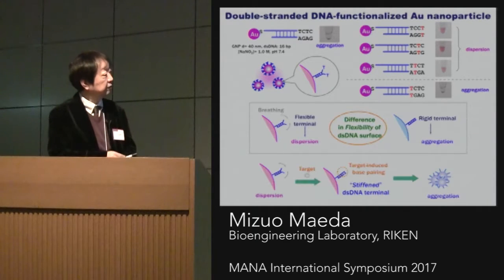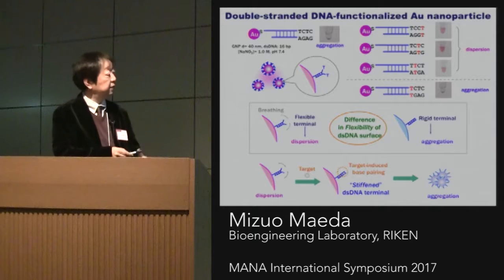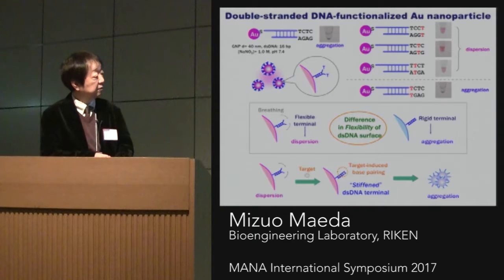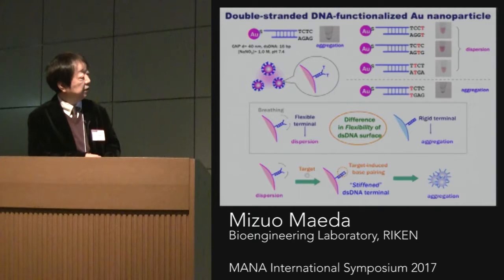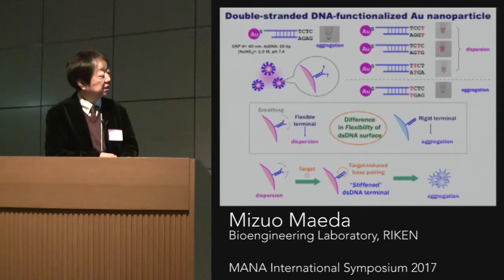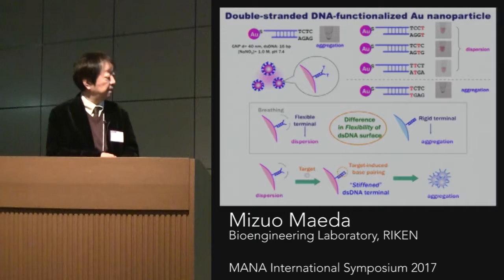So this colloidal stability change may be explained by the flexibility of the double-stranded DNA surface. I mean, a flexible terminus is breathing, and this would help dispersiveness. But if the terminus is rigid, then aggregation should take place.